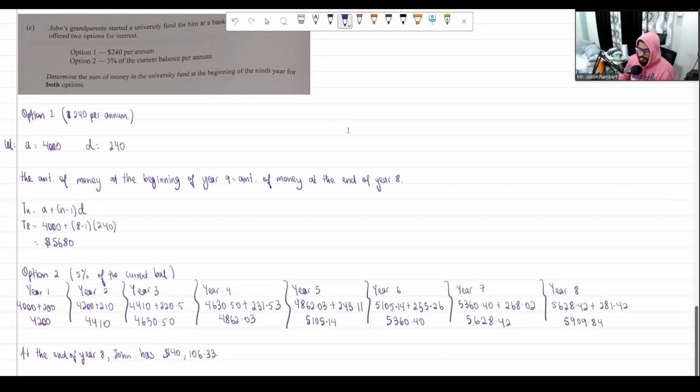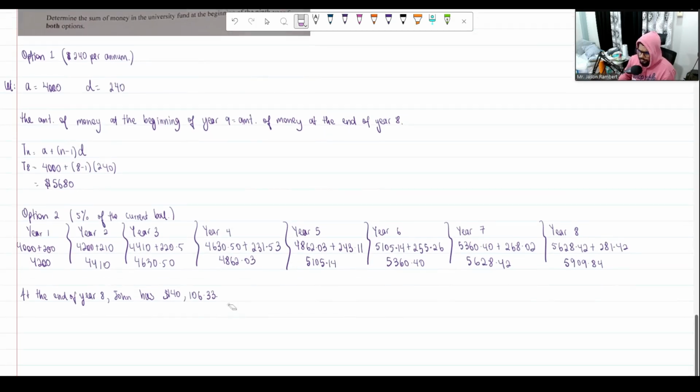Then there are two ways to do the next one, right? For option 2, we could go year by year to get how much money he has at the end of year 8. Or we could apply the formula that says A is equal to P times 1 plus the rate raised to the power of n. In this case, the rate is 5% and the principal is 4,000.